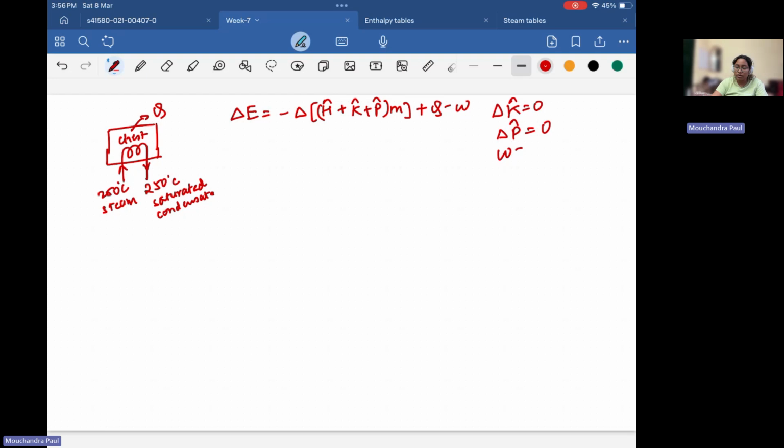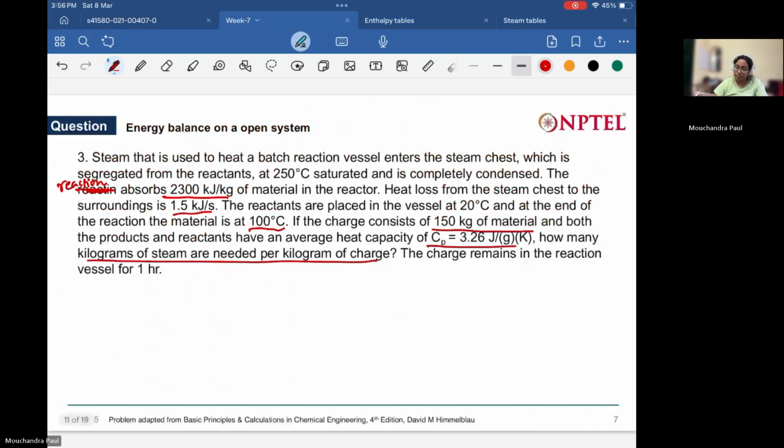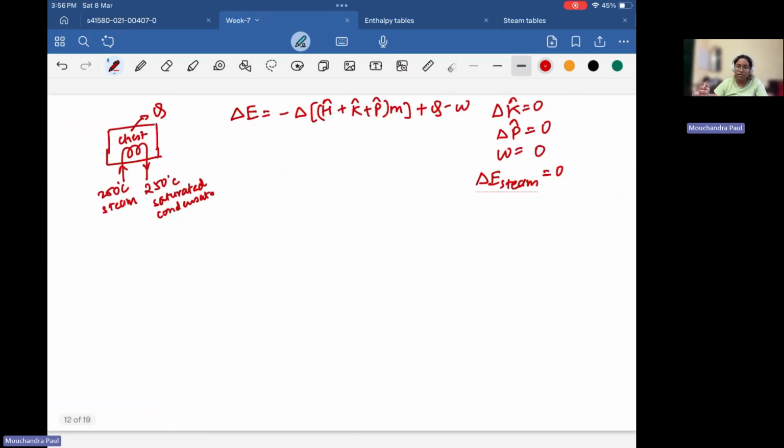There is no work done here, and energy accumulation due to steam is 0. Whatever energy is accumulated, it is because of the material that is involved in the reactor. In the reaction vessel, whatever material is there, some energy is getting accumulated. So delta E term is 0 for steam, but it is not 0 for the material.